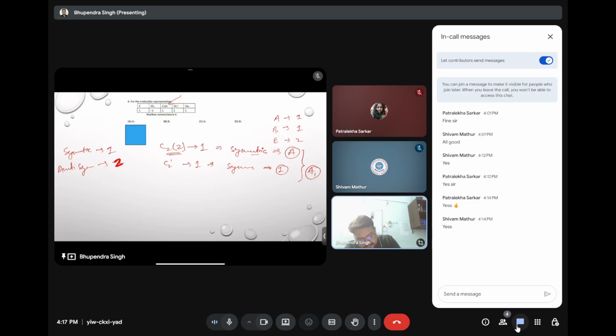And E is representing here, the representation for E is 1, which means that your Mulliken symbol can be A or B. So I think your answer should be A1.